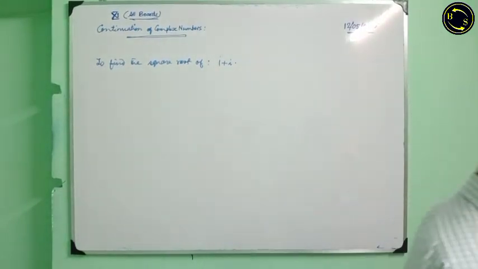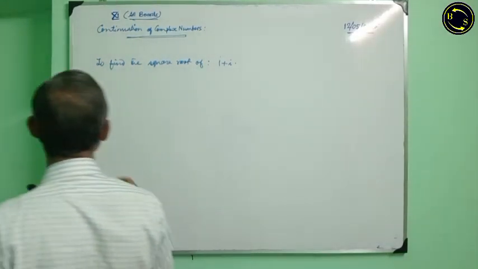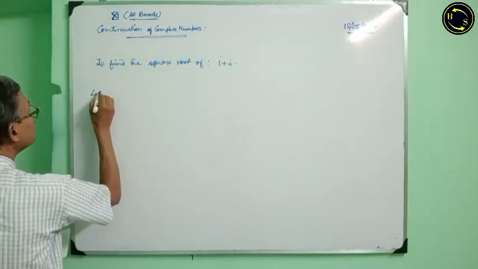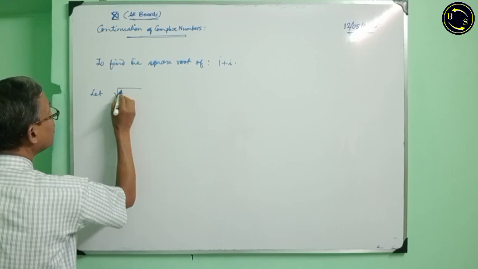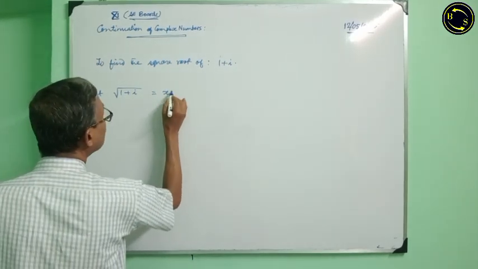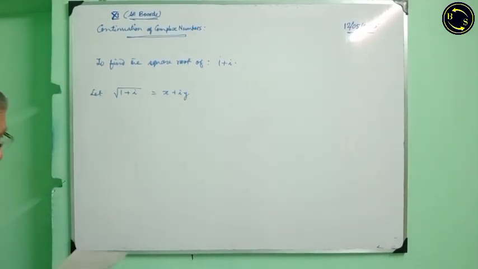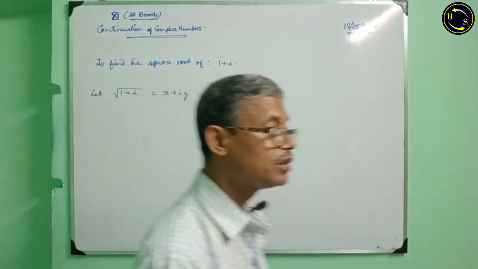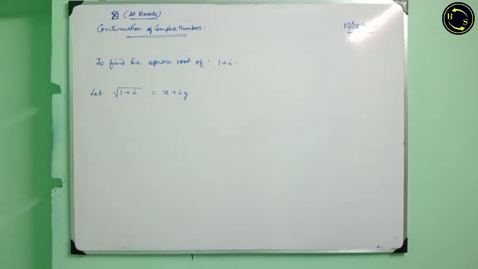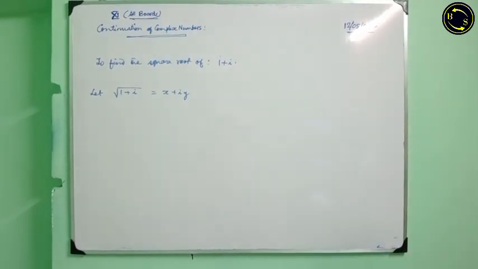1 plus i. The solution will be like this. Let, according to the properties already discussed earlier, square root or any root of a complex number will be itself a complex number.